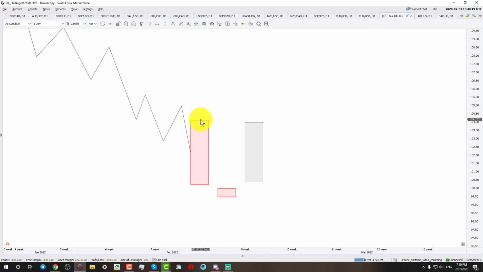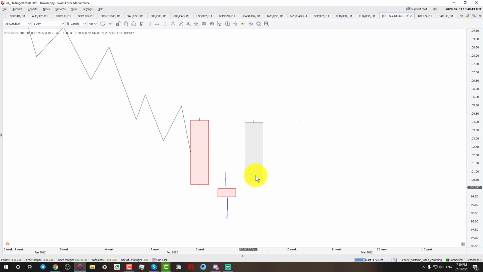Now talking about the wicks, these candles have very small wicks. This candle can have larger wicks, it doesn't matter, but this candle here should have a very small lower wick. So this is how it is going to look in an ideal market, and this is what you have to look for in the real market to trade.